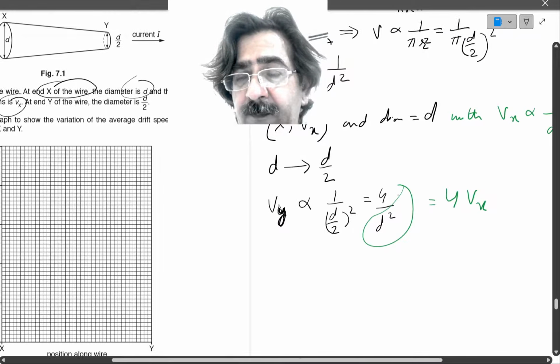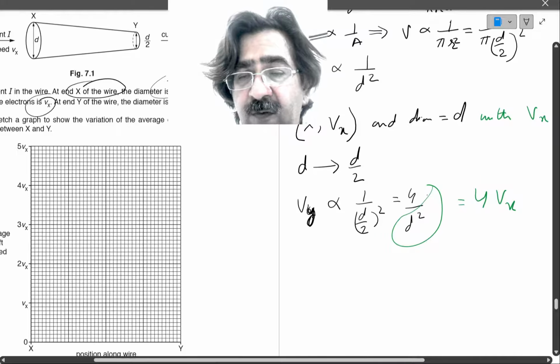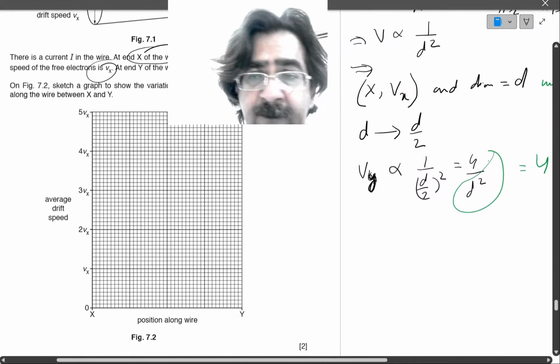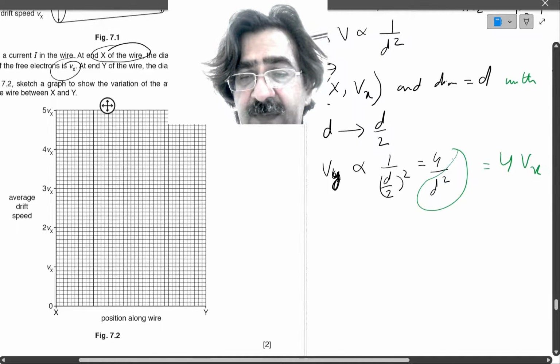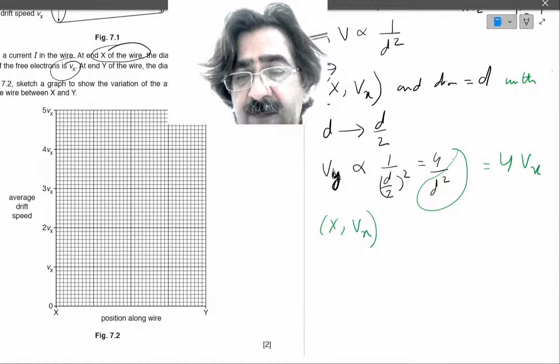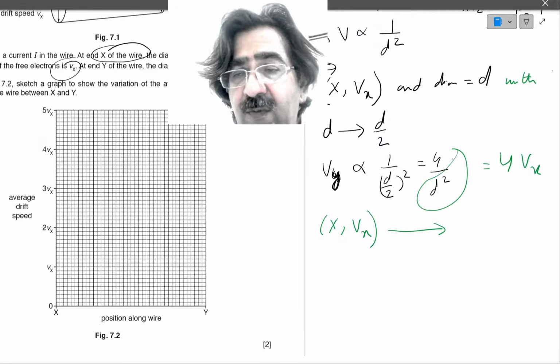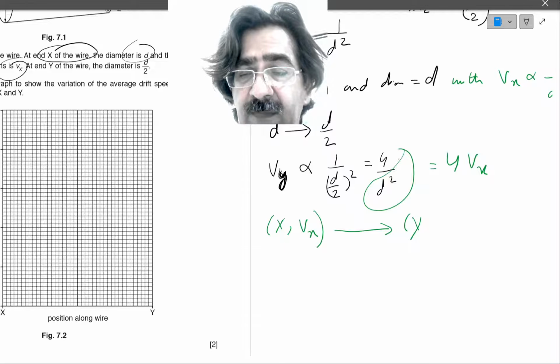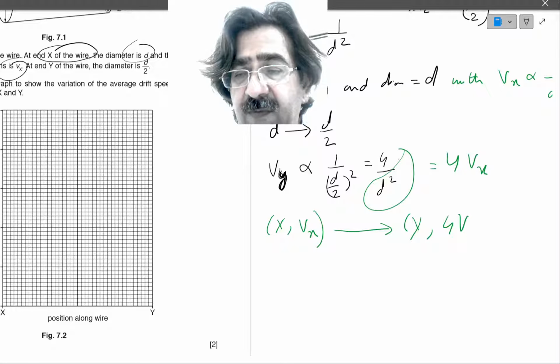So Vy will be 4y. We may say that this Vx will move toward y, at point y that will be 4Vx.